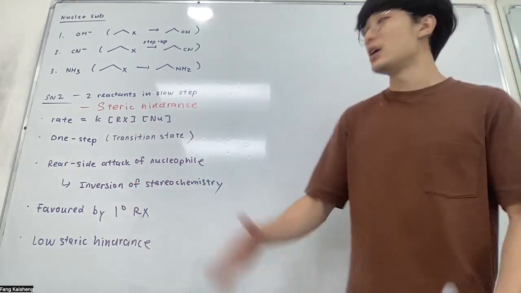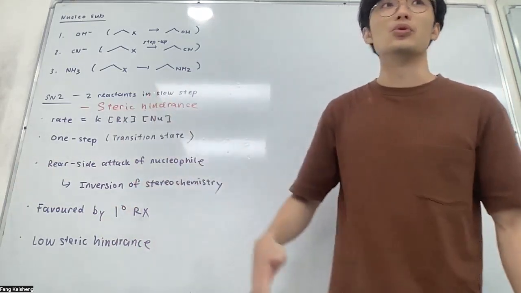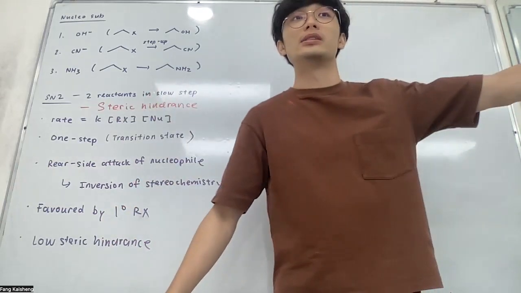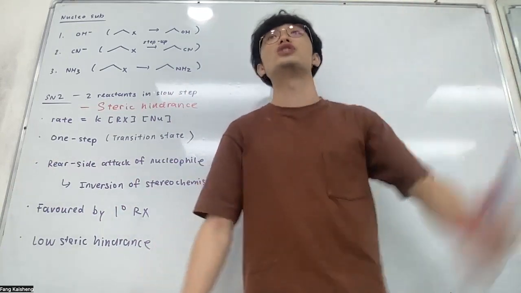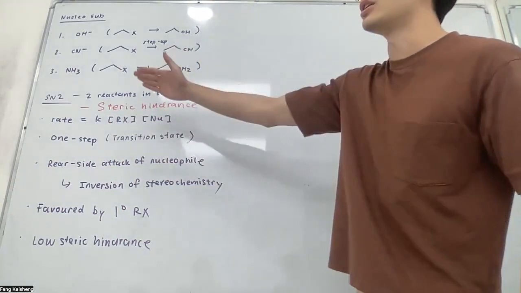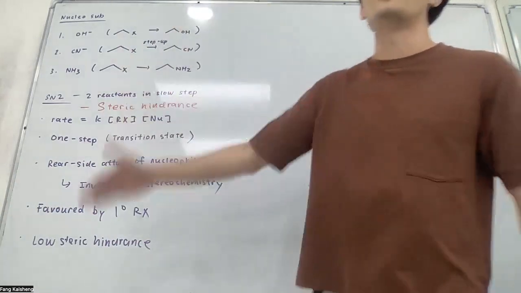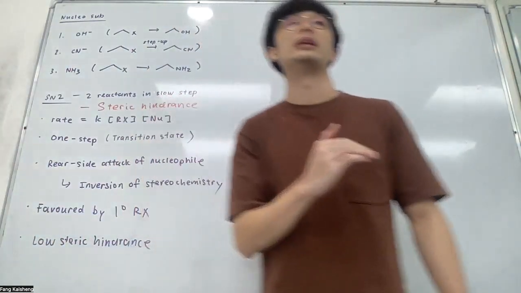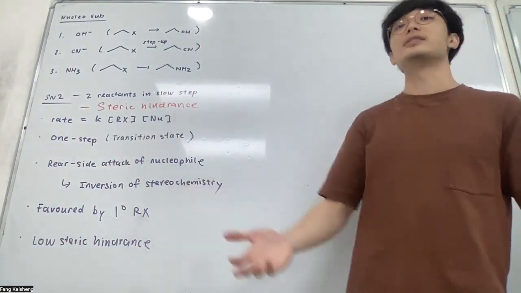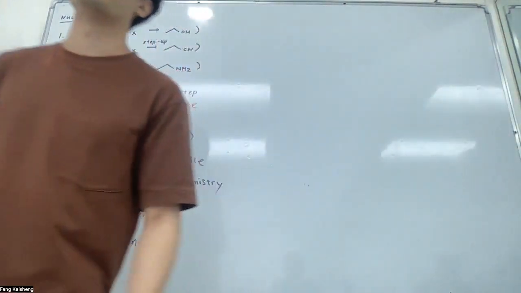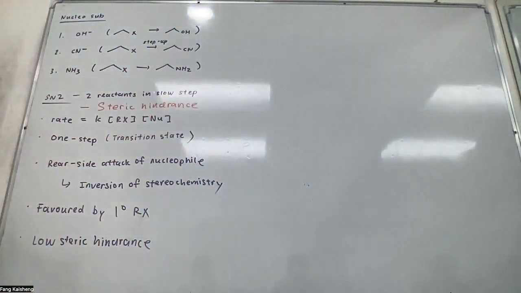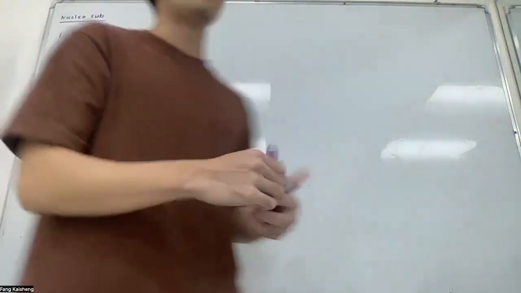Conversely, why do I not like SN2? Because I like SN1 instead. Does that make any sense? Don't change the subject. If the question says SN2, you talk about steric hindrance. You talk about SN2 only. That's what we highlighted last lesson also. I used the example: why do you not like coffee? Because I like tea instead. It doesn't make sense. I don't like coffee because it just tastes bad. That's the idea here for SN2.